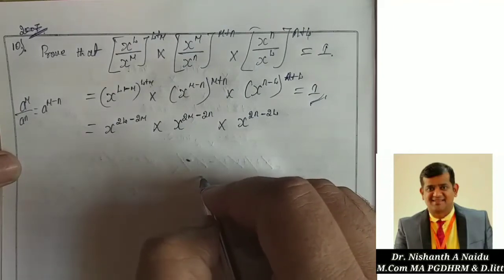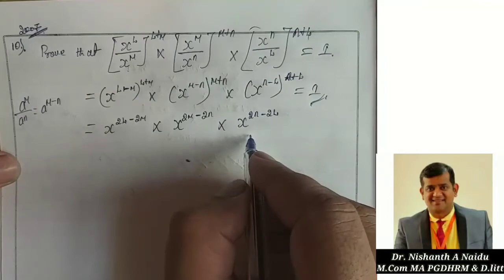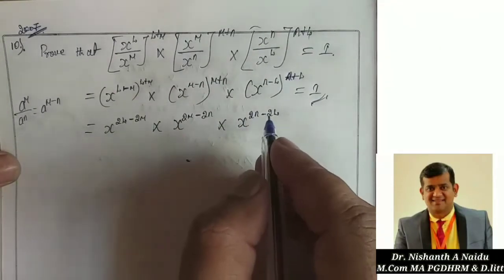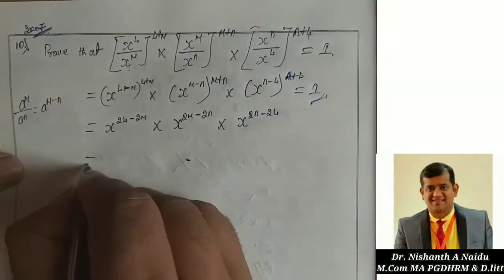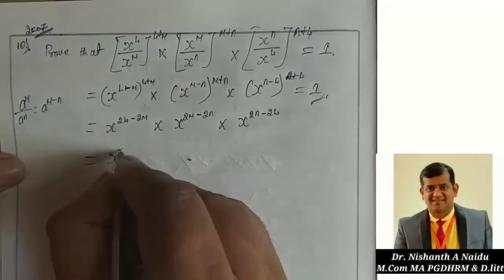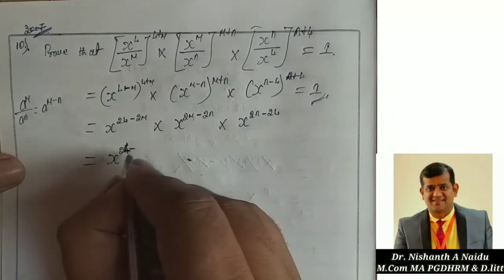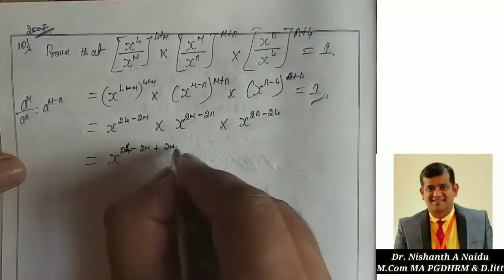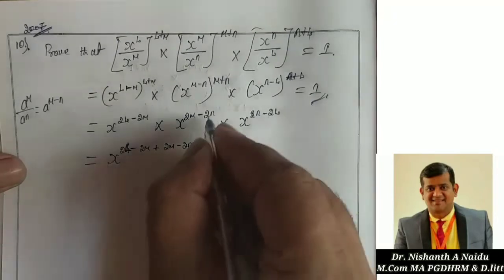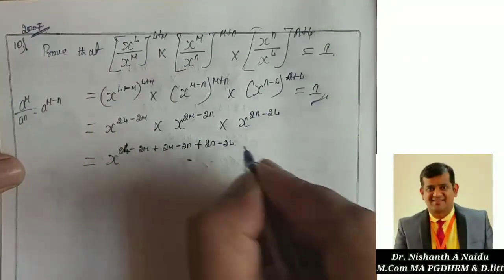Now we have done this. Since bases are same, powers can be added. By applying that law, x to the power 2l minus 2m plus 2m minus 2n plus 2n minus 2l.